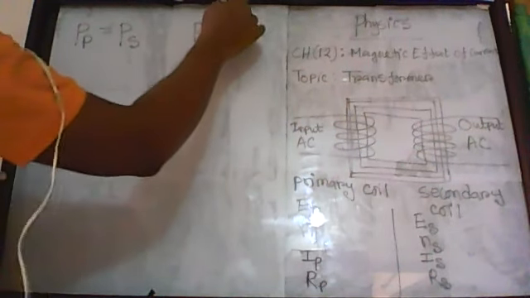Now power P will equal V squared divided by R, where V is the electromotive force. So here V is replaced by electromotive force E and resistance is R.